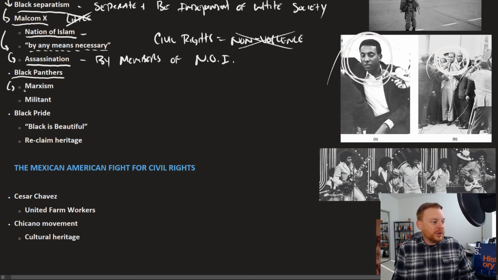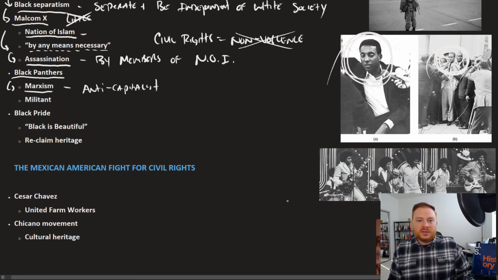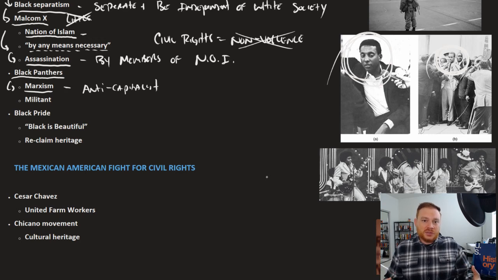in that they embraced Marxism, that is an anti-capitalist view. That was to say the problem of racism in the United States and a lot of the problems facing the Black community is that it's the capitalist economic system that allows for things like that to flourish.